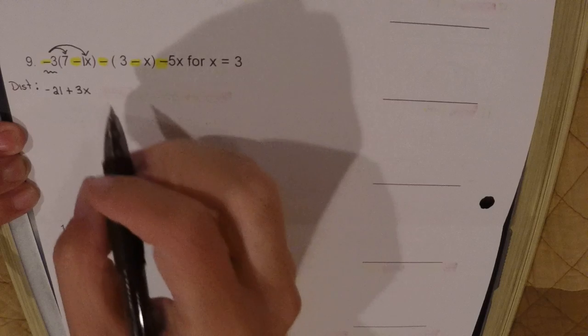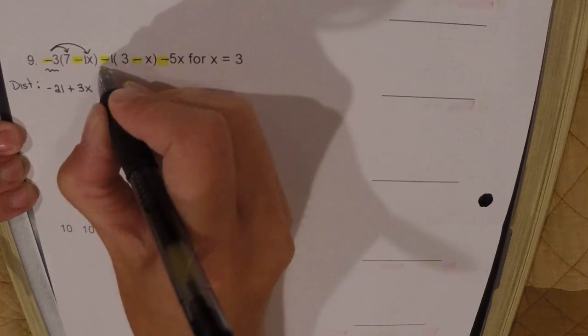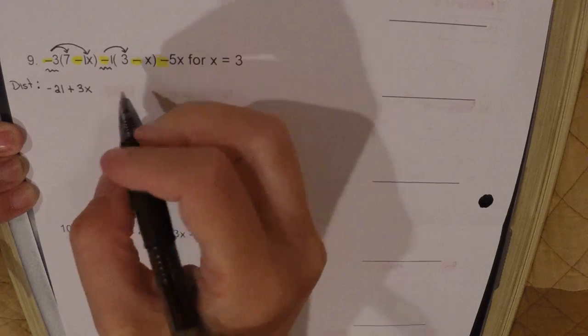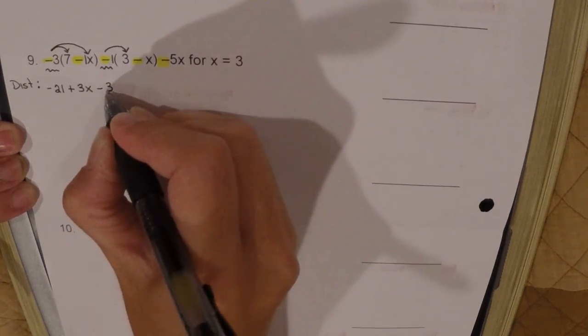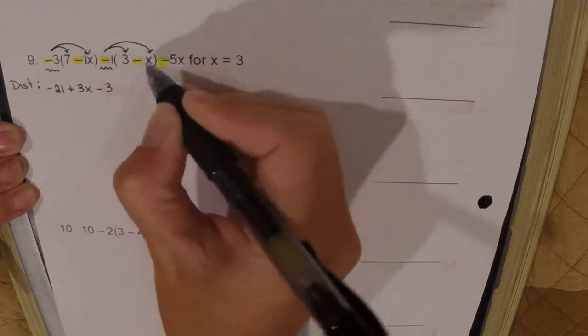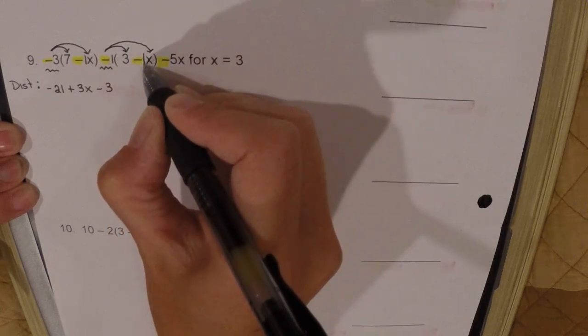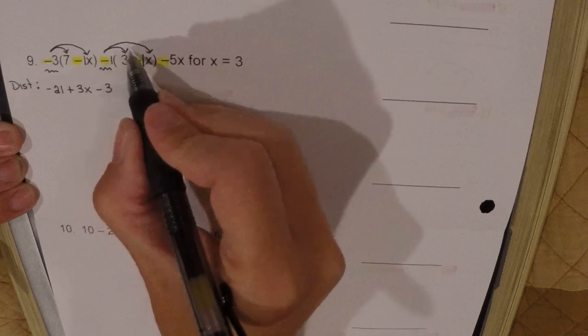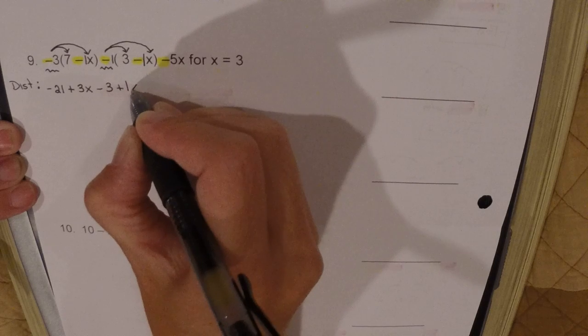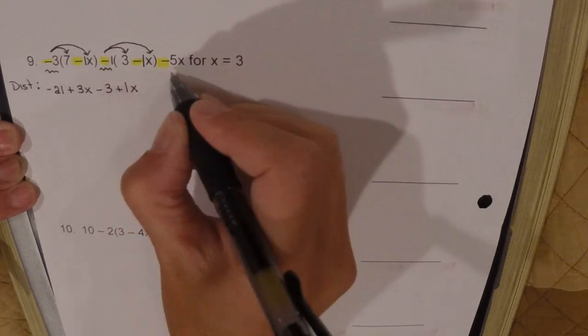Then this is a negative 1 that I'm distributing. So negative 1 times 3 would be minus 3. And then negative 1 times negative x, or again, remember there's an imaginary 1. So negative 1 times negative 1 would make positive 1x. And then don't lose this piece.